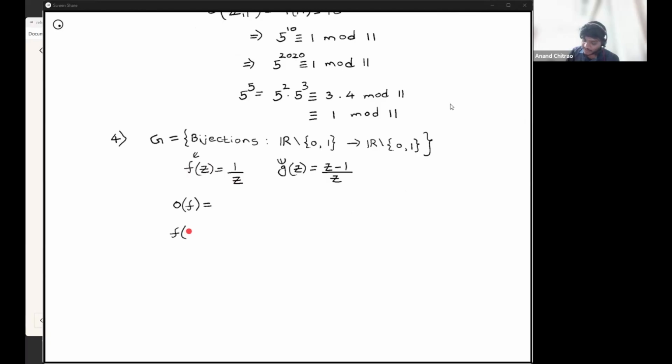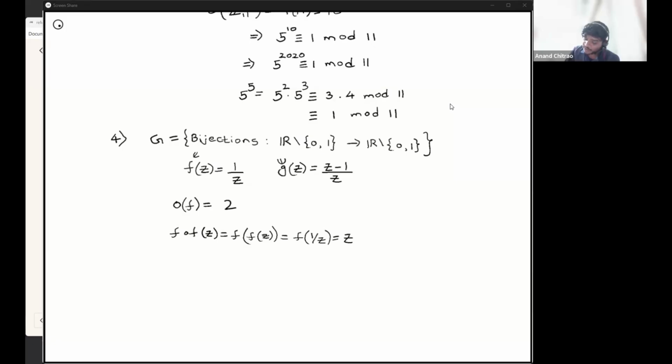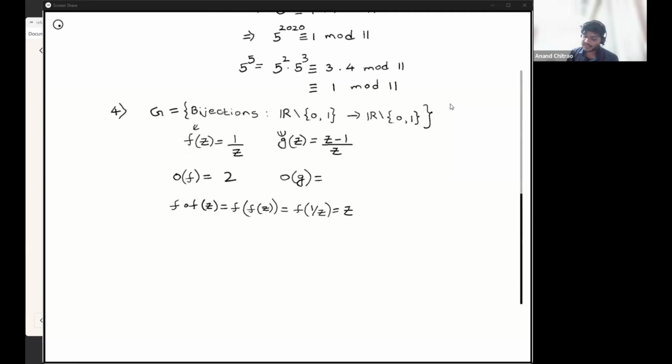You have to look at F composed with F of Z. So that's F evaluated at F of Z, which is just Z. So that implies the order of F is 2. What about the order of G? G is not the identity map. So you have to compute G square. Turns out the order of G is 3.